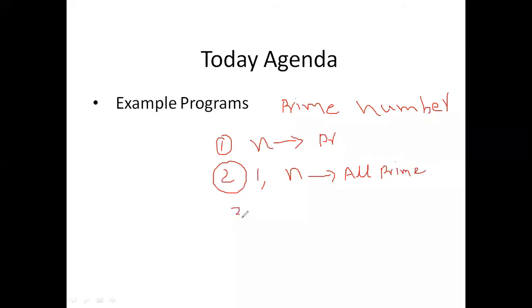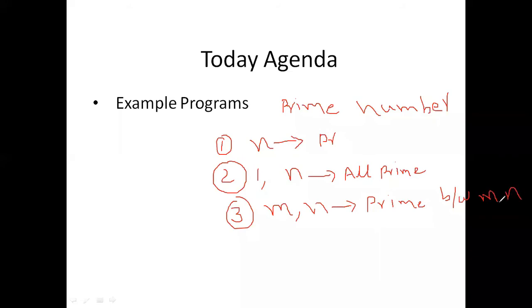Next, we are going to see another program with m comma n, where we print all the prime numbers between m and n. Next, a program to find the sum of consecutive prime numbers.